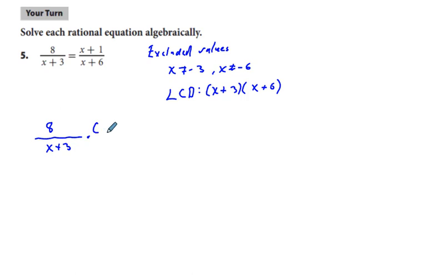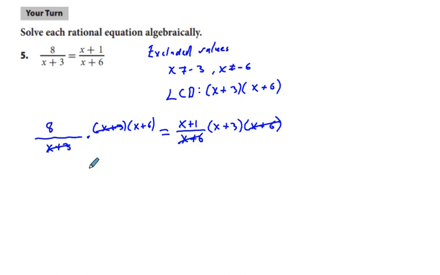So we multiply the left side by this x plus 3 times quantity x plus 6. And on the right side, we take this x plus 1 over x plus 6 and multiply it by quantity x plus 3 times quantity x plus 6. And so we have cancellations here. And so x plus 6 over x plus 6.